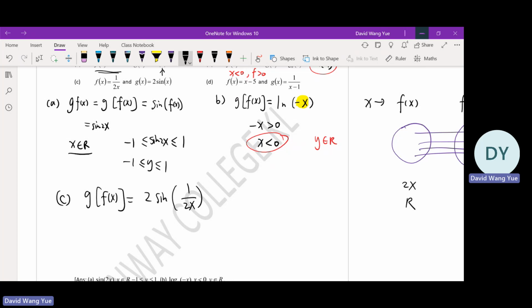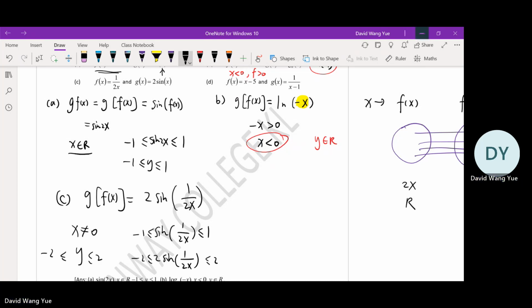In this case, once again, x cannot be 0, which is the domain. The sine function is in between 1 and -1. So 2 times that sine function is between -2 and 2. That's why the range is from -2 to 2.